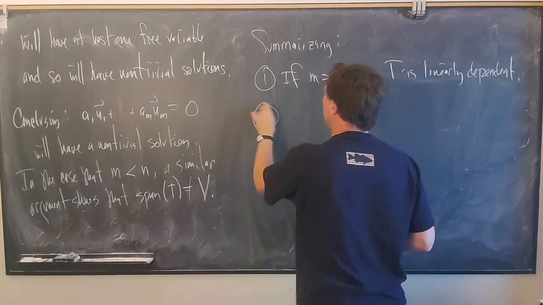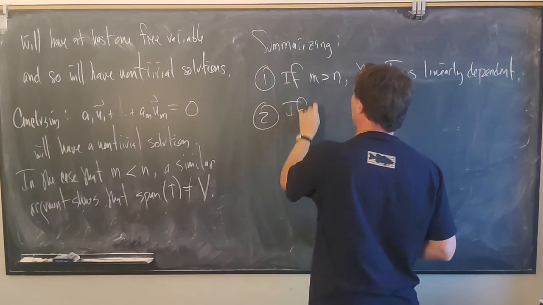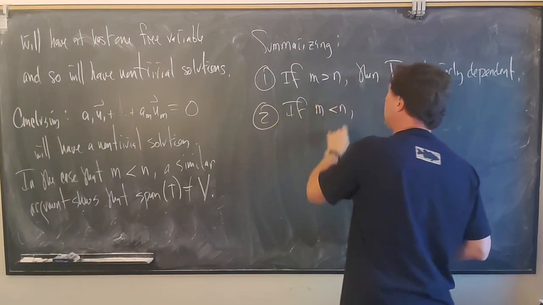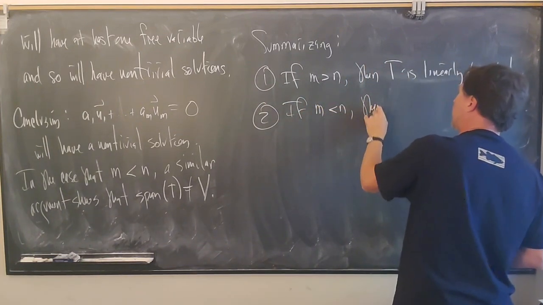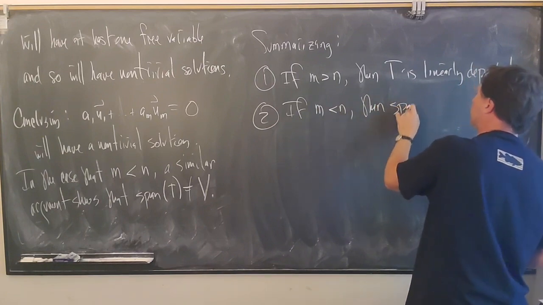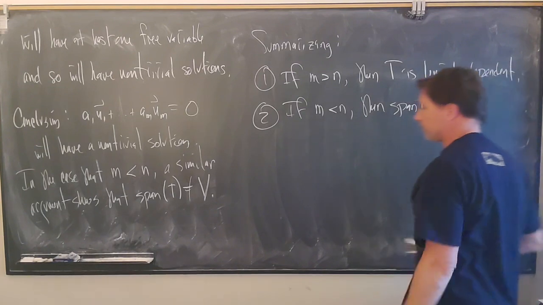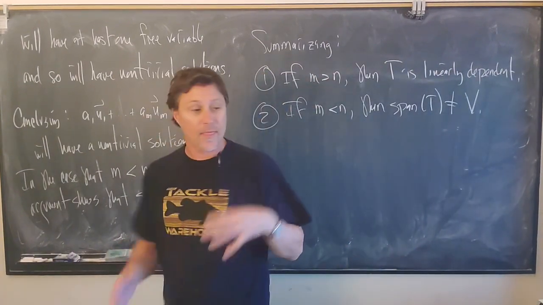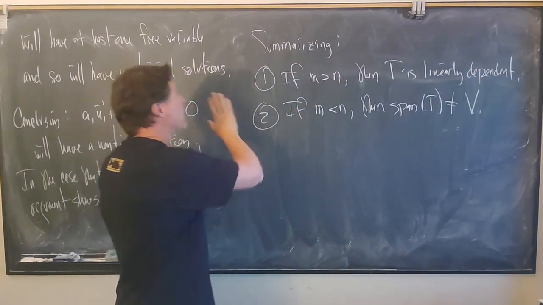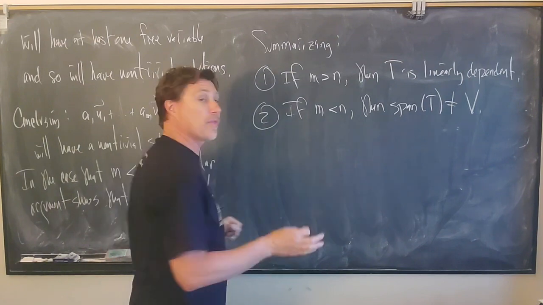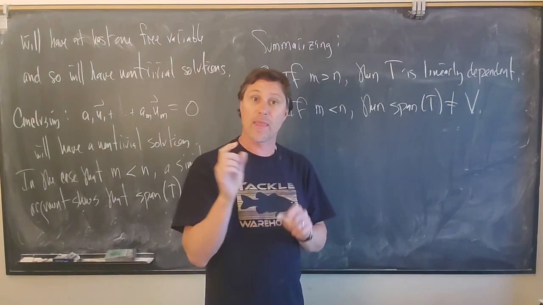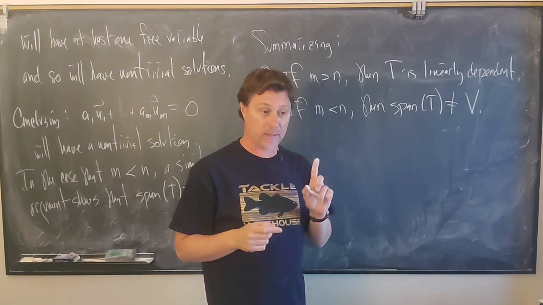And part two, if m is strictly less than n, then span of T is not equal to V. Right, so these are both important. What this is telling us is there's something special about the number n, and that's the number of vectors in our basis.